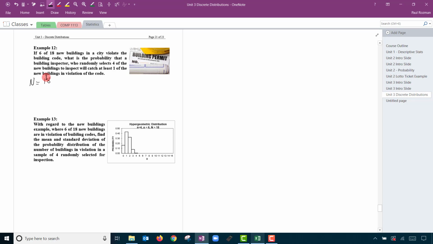And 6 of those are bad. That's what the A was. Our building inspector is going to visit 4 of them. That's little n. And then X is the number in violation of the code.